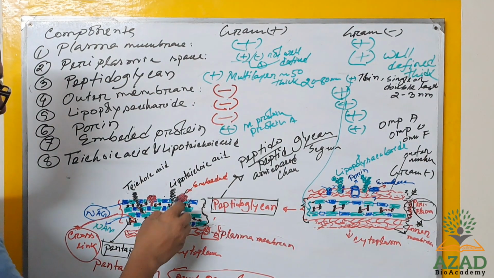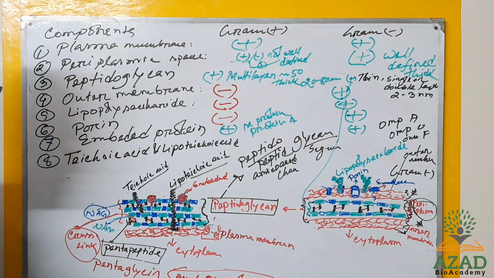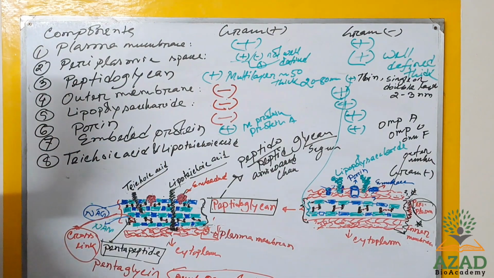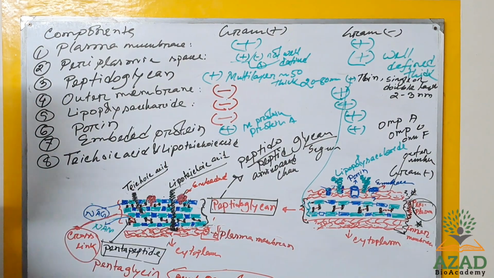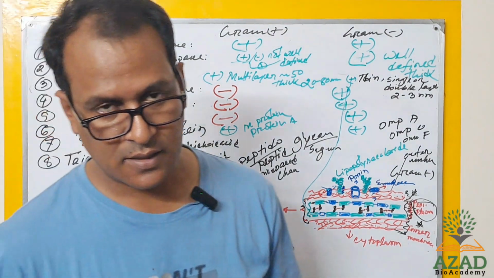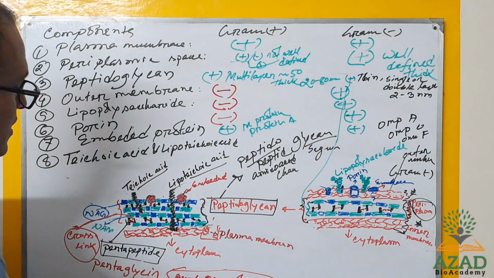It is connected to the lipid, so this is the lipoteichoic acid. Both are very integral parts of the bacterial cell wall of gram-positive bacteria, which makes the peptidoglycan very stable, very rigid. Okay, so this is the teichoic acid and lipoteichoic acid.